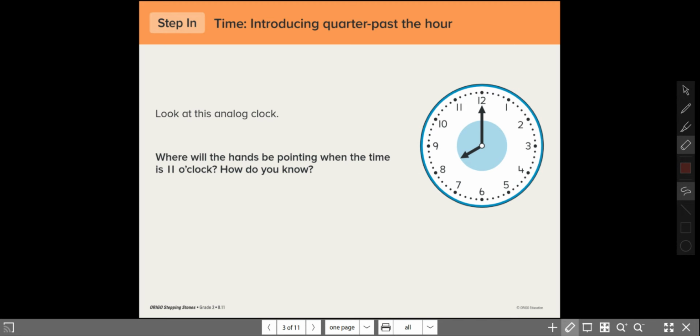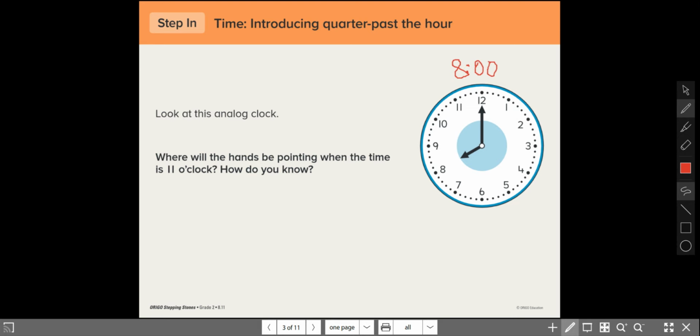And just to review, if we count around the clock 5, 10, 15, 20, 25, 30, 35, 40, 45, 50, 55, 60, when we get to 60, we start all over and set the minutes back to 0. So when we show 8 o'clock written, we can show it like this, 8, and then these 2 dots, a colon, 8, and 2 zeros.